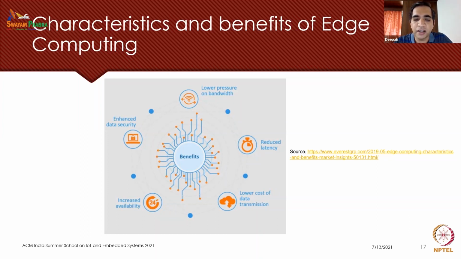And finally, there is increased availability, because now you have a set of distributed nodes instead of a centralized compute node. Although a centralized node is also a set of nodes, it is not as distributed.